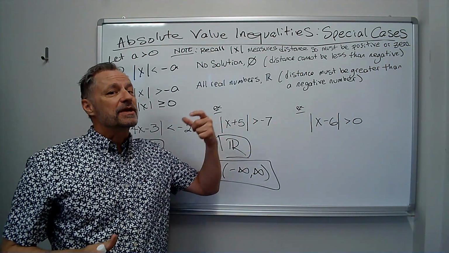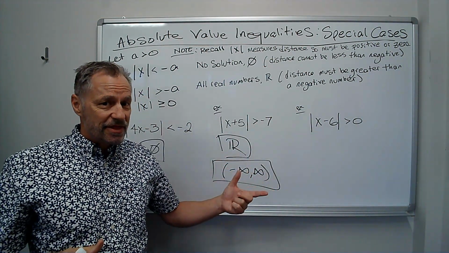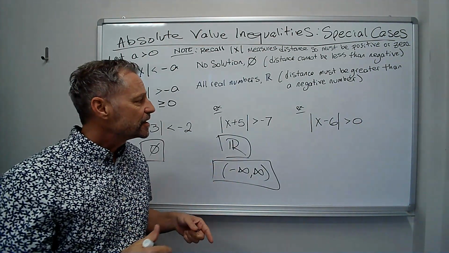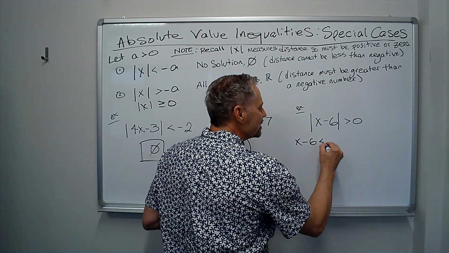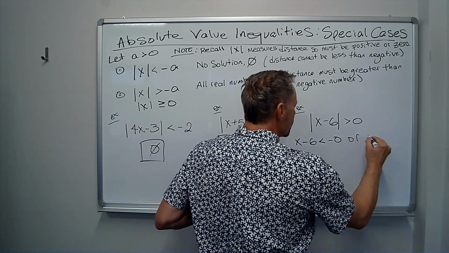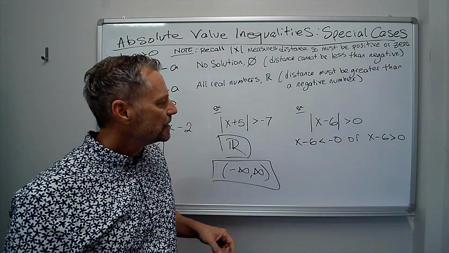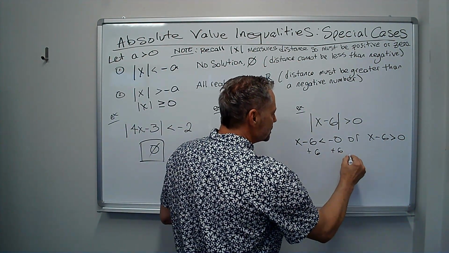So in this one, if we go back to absolute value inequalities with a greater than, and I'll link my video where I talk about that at the end of this video, this would say either x minus 6 is less than negative 0 or x minus 6 is greater than positive 0. Well, negative 0 is just 0. To solve this, I would add 6 to both sides.